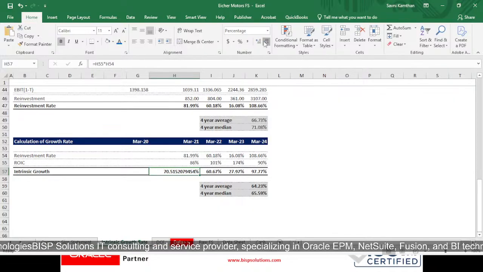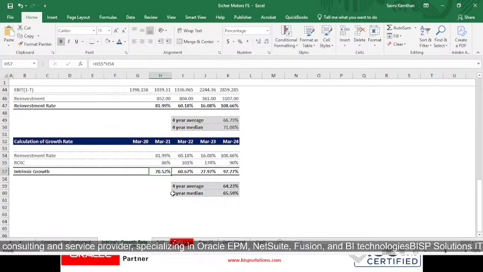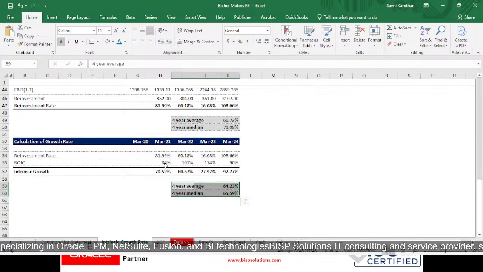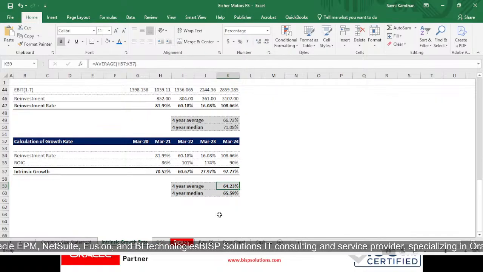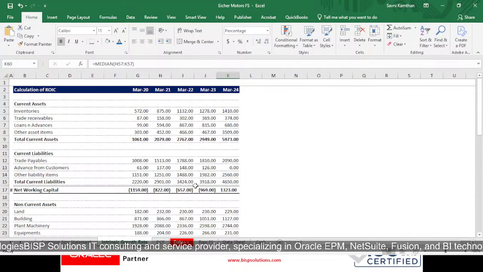Once the calculation is done, we can drag it till March 24, and the same formula used over here is copy pasted till the end. The same formula is used for averaging out our intrinsic growth and for the median of our intrinsic growth, right? So this is how we make our intrinsic growth rate.